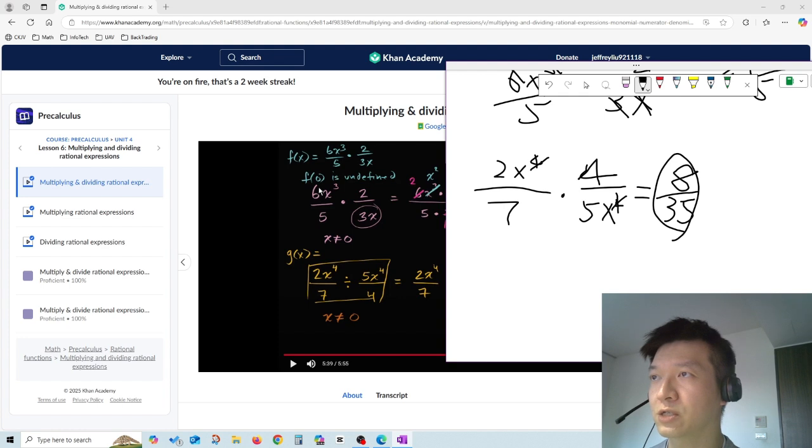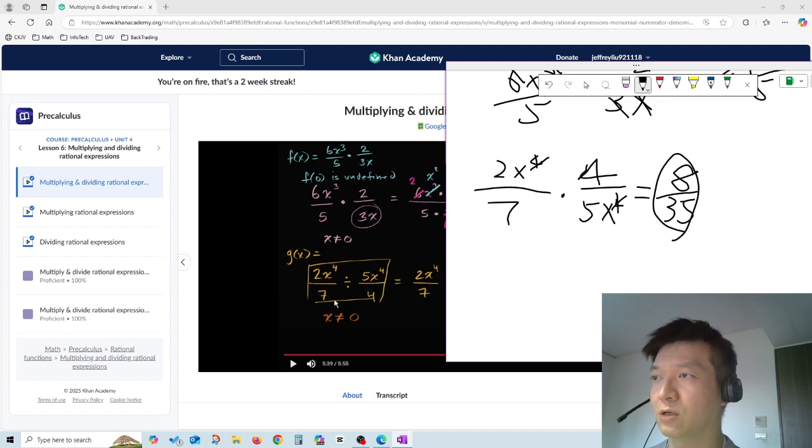Original terms are 6x to the cube over 5 times 2 over 3x, right? So your x cannot be 0, otherwise this will be undefined. So you have to look at your original terms.